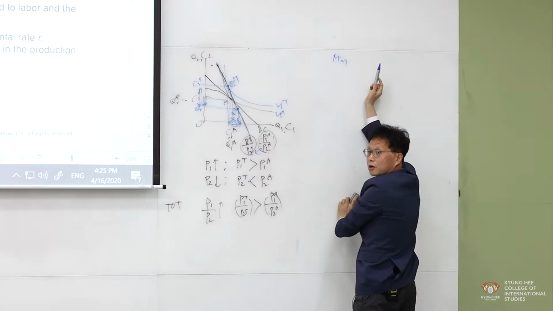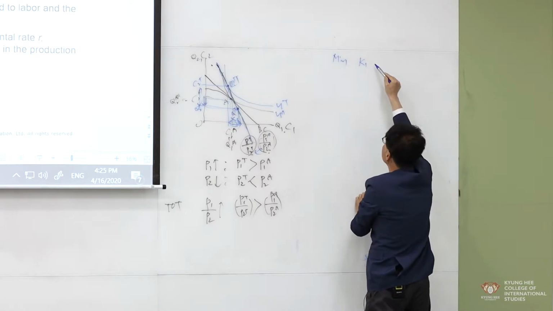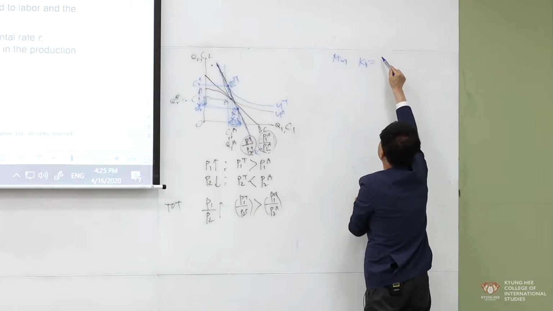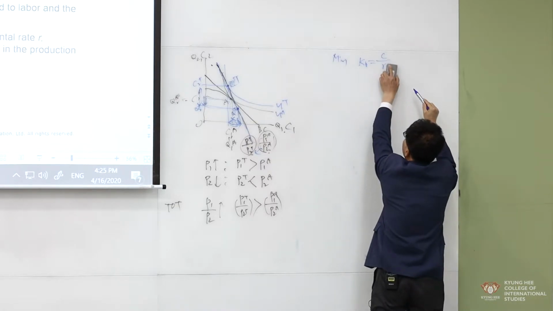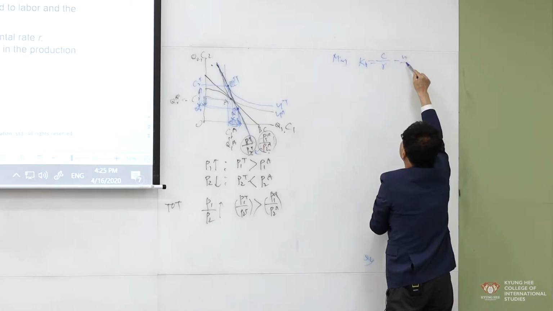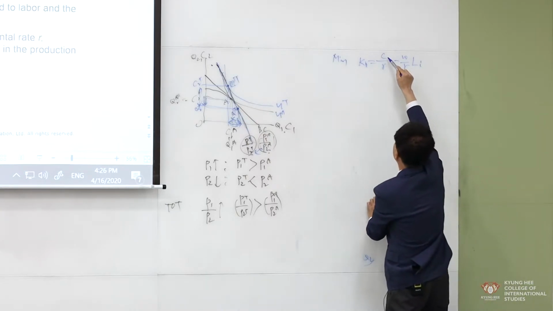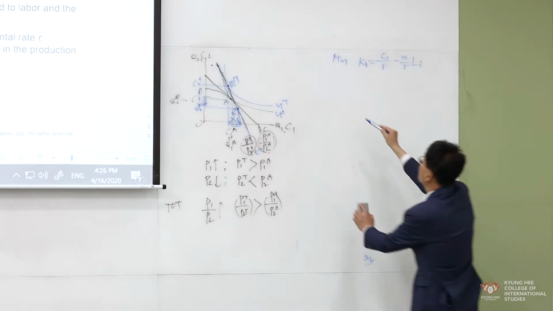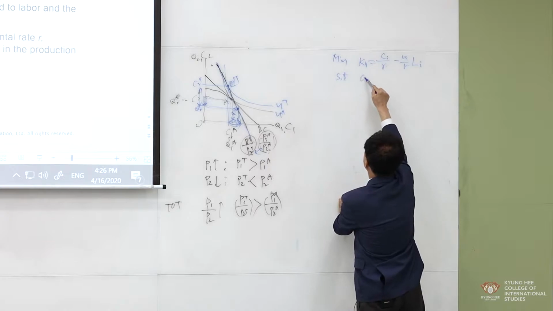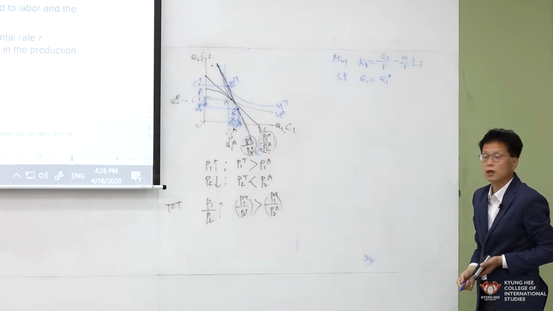Minimizing cost, rewriting the cost function, Ki is equal to C over R minus W over R Li, right? Because the market is perfectly competitive like this. And if you want Q1 to be, for example, Q1 star, right?